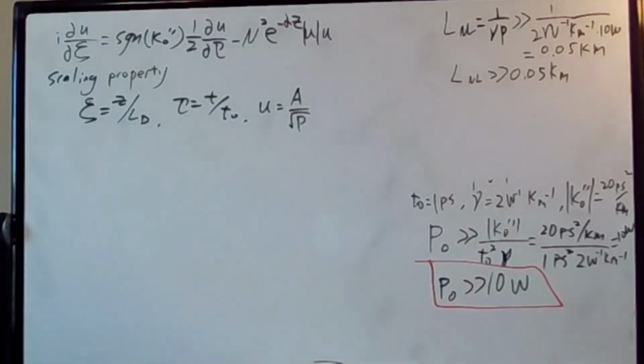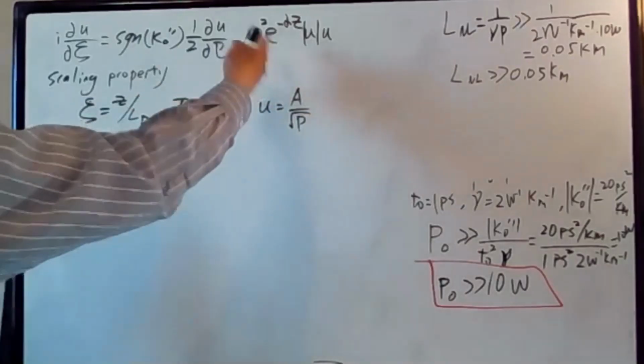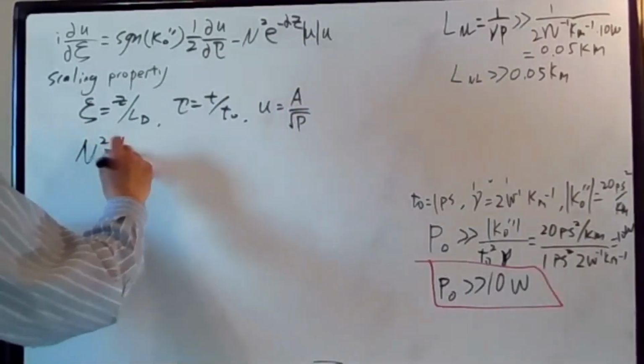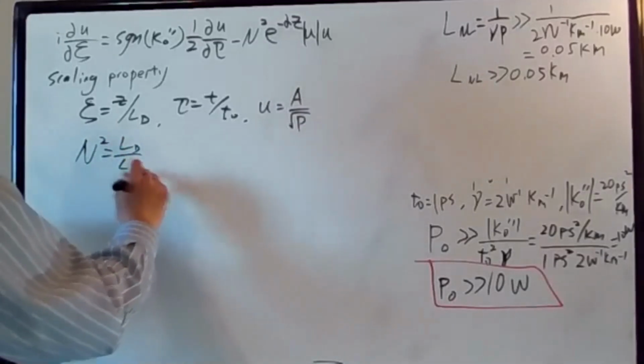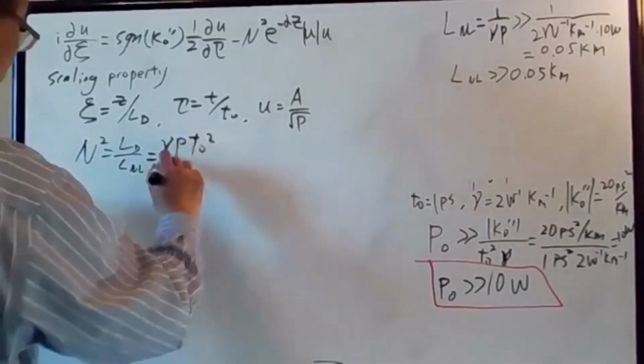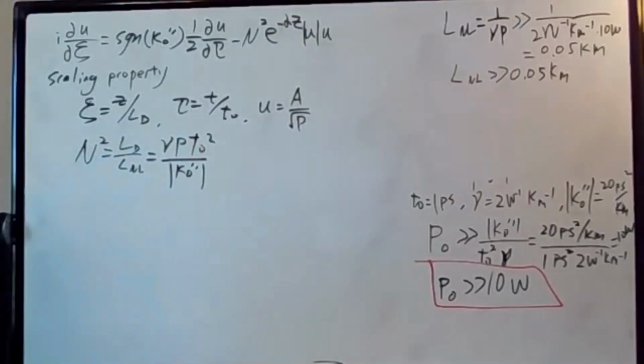Okay. And then what is this N? N actually has a gamma P. So I use N squared as LD over LNL, which is gamma P T naught squared over the absolute value of K naught double prime, right?